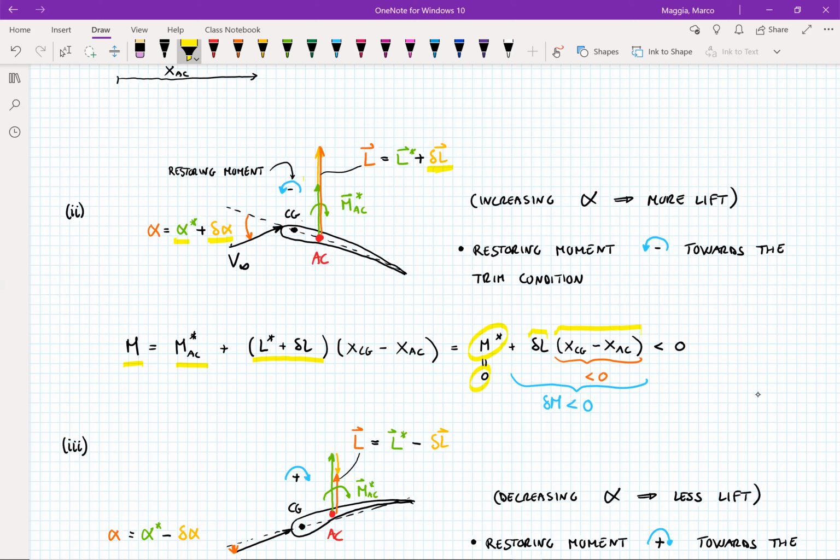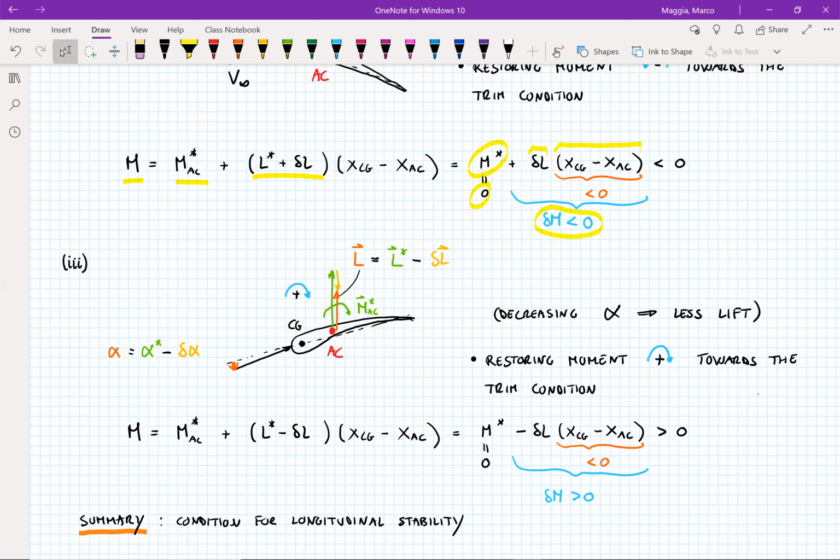But since the center of gravity is in front of the aerodynamic center, this difference is negative, making this delta M, this increment in the pitching moment, negative. And therefore, it will cause the nose of the aircraft to tilt downwards.